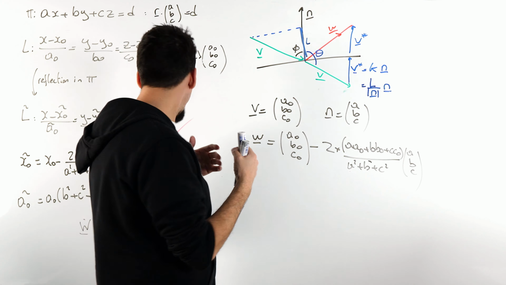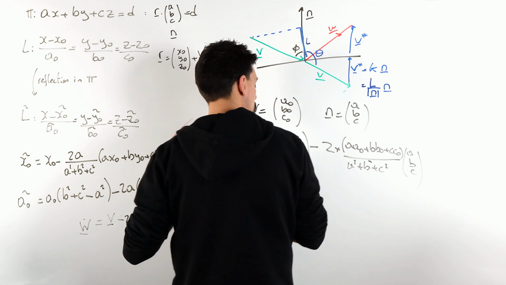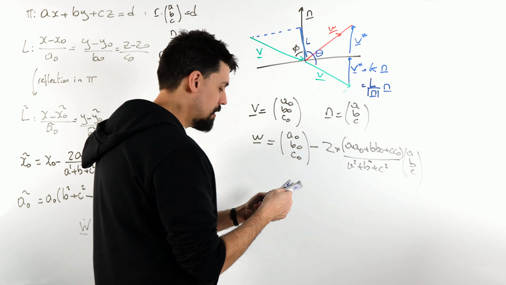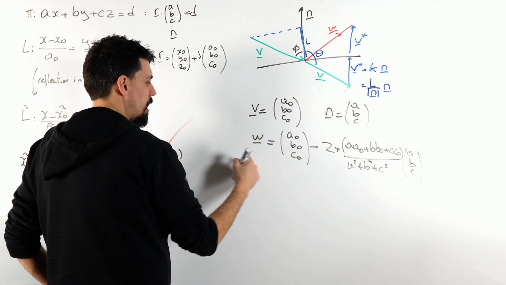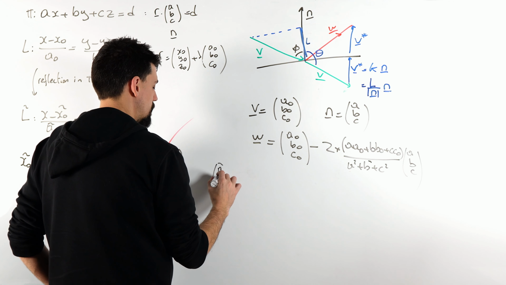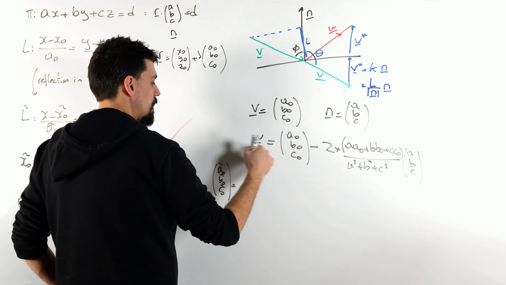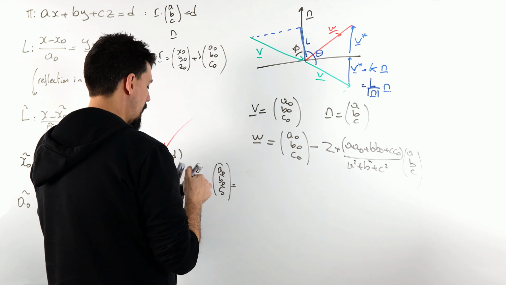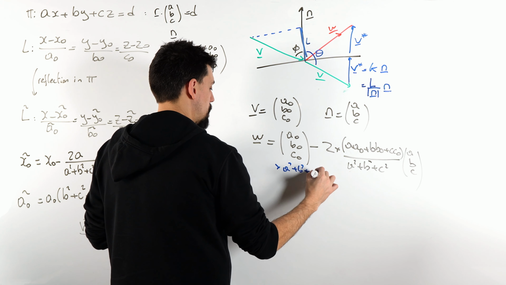And what I can see from here is the components of the one that they want doesn't have this divided by A squared plus B squared plus C squared. So what I'm going to do is times everything. I'm going to say basically that my A0 twiddle, B0 twiddle, C0 twiddle is going to be everything times everything by A squared plus B squared plus C squared.